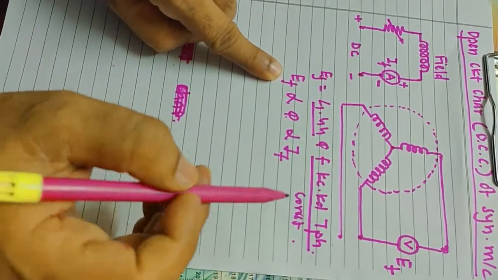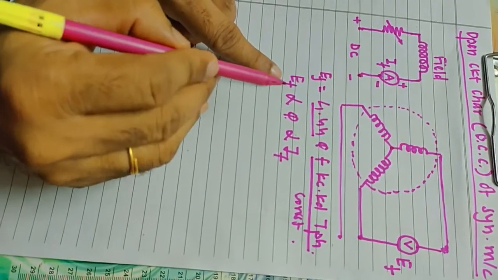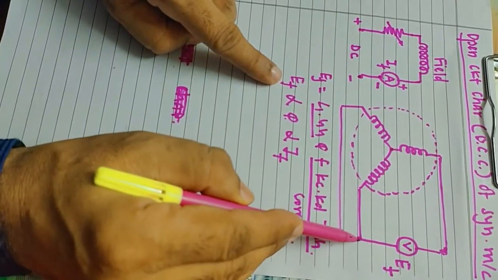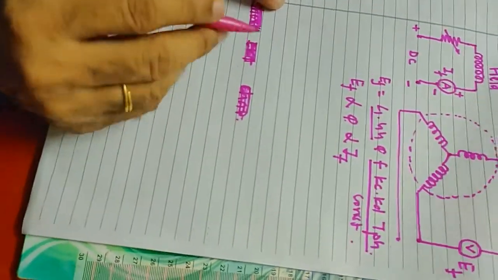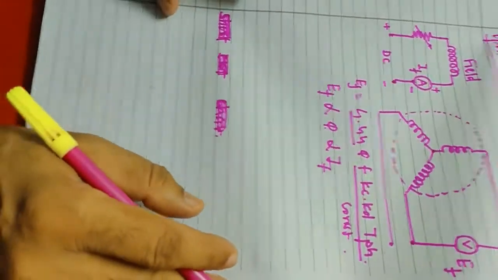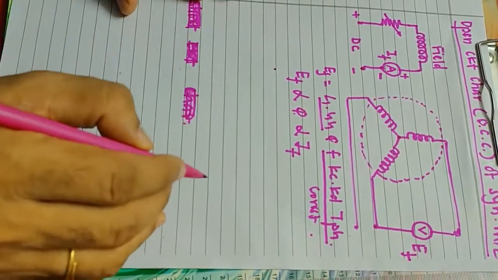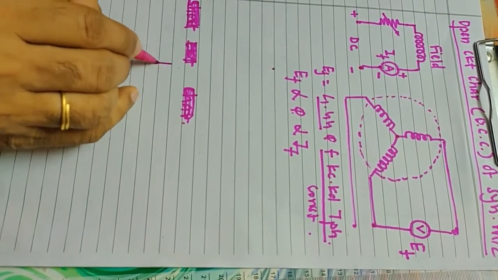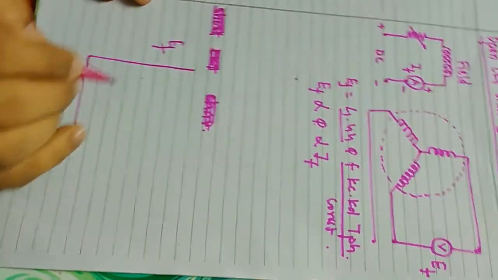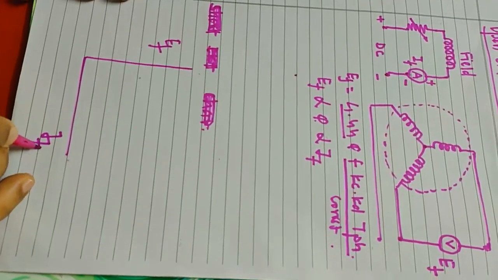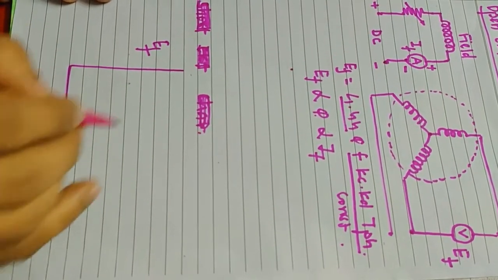So the open circuit characteristics is a graph between the no load terminal voltage EF and the field current IF. If we plot the characteristics, it will be like this. This is EF and this is IF, the field current or field MMF.